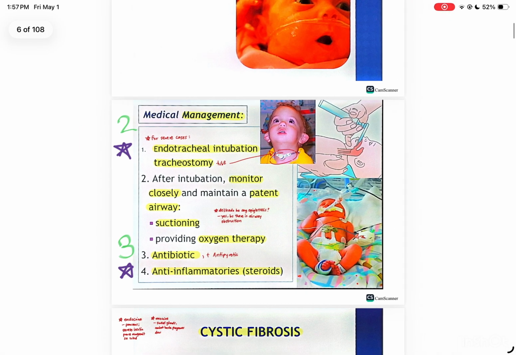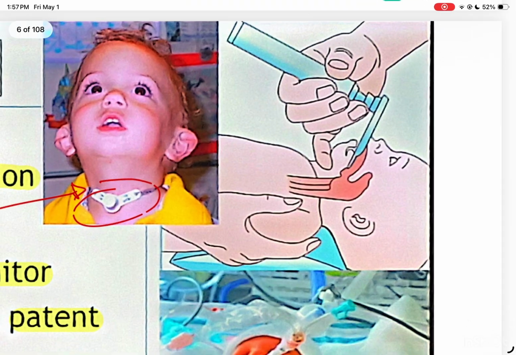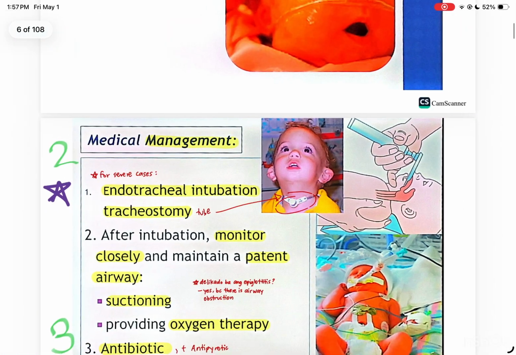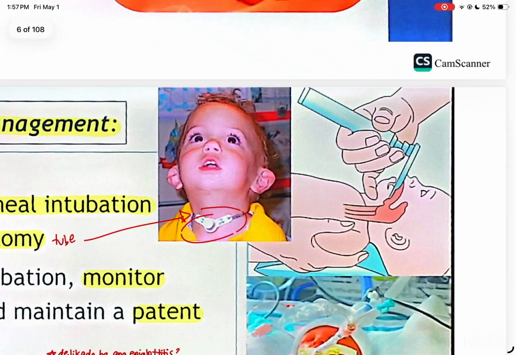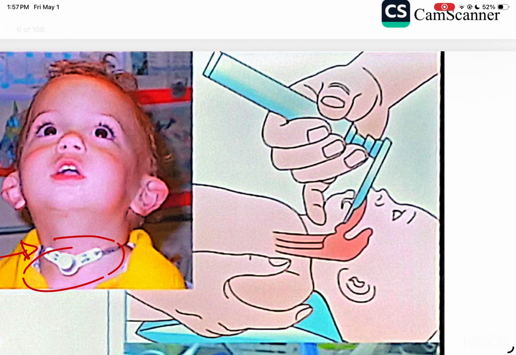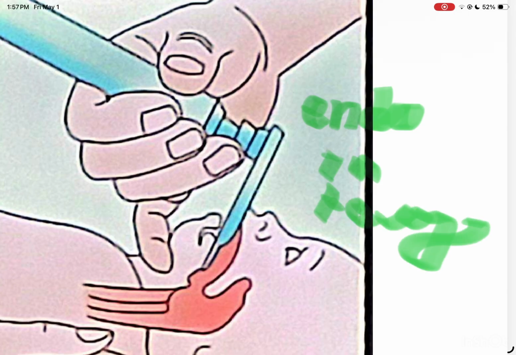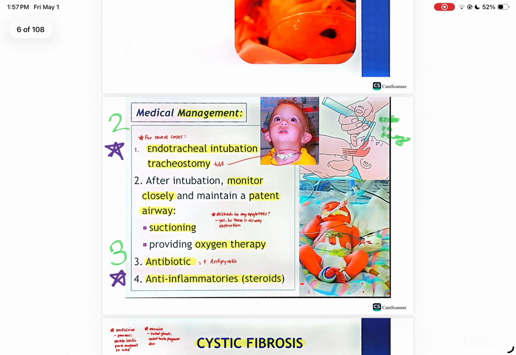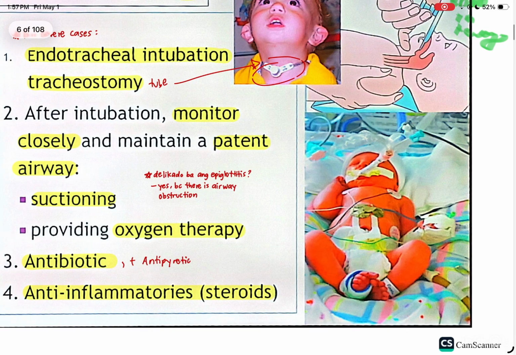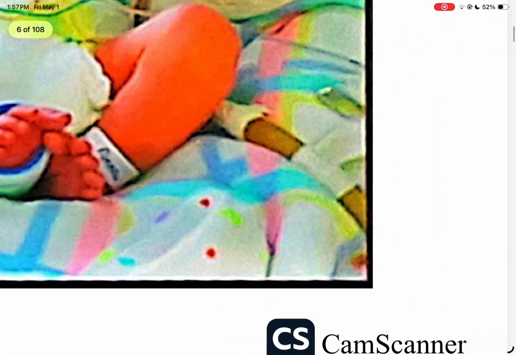After intubation, monitor closely and maintain a patent airway, suctioning, provide oxygen therapy, and we also give antibiotics and anti-inflammatories, which are steroids. This is the picture of the endotracheal intubation tracheostomy.